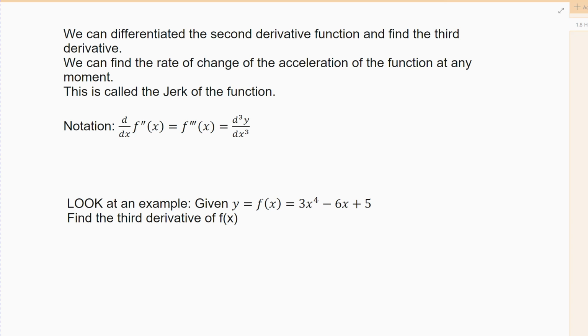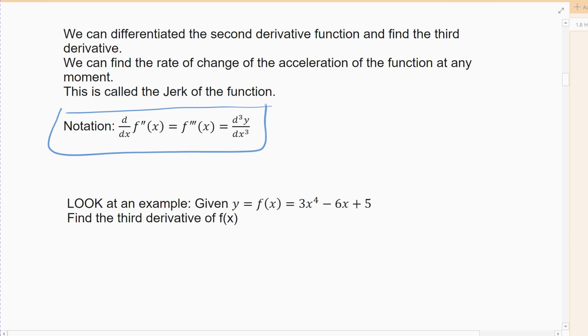So it's the rate of change in my acceleration, and it's really just the third derivative. I take the derivative again, one more time. So if you ever see those physics T-shirts with this symbol on it, that's what it means: it's the change in my function 3 times with respect to my variable 3 times. So it's the third.